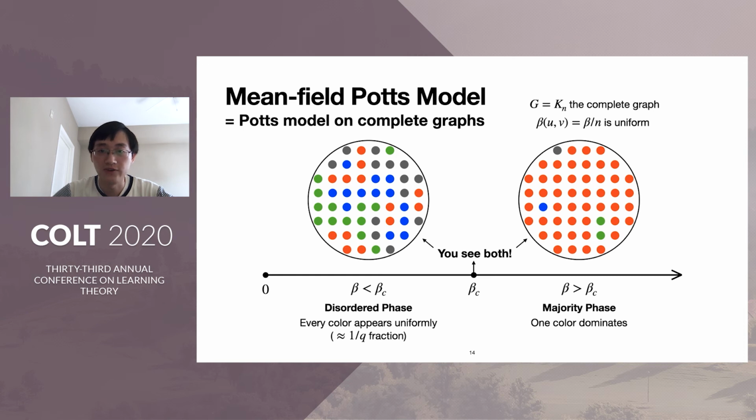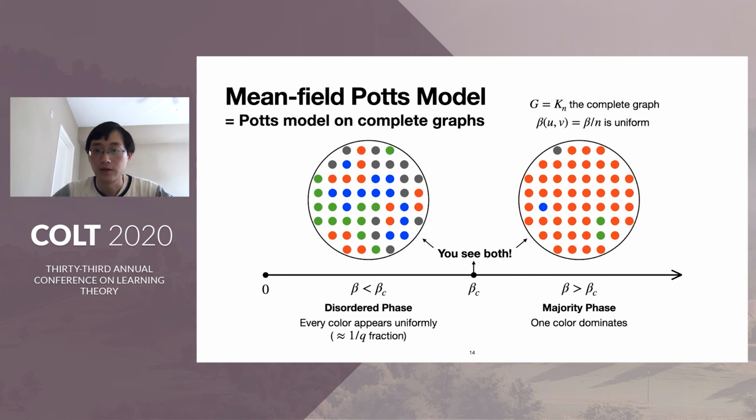More specifically, you have a critical beta, beta C, such that when your beta is smaller than beta C, you are in the disorder phase, meaning that when you sample from the Gibbs distribution, you will see a configuration that looks like a uniform random coloring. That means every color will receive roughly a 1 over Q fraction of vertices.